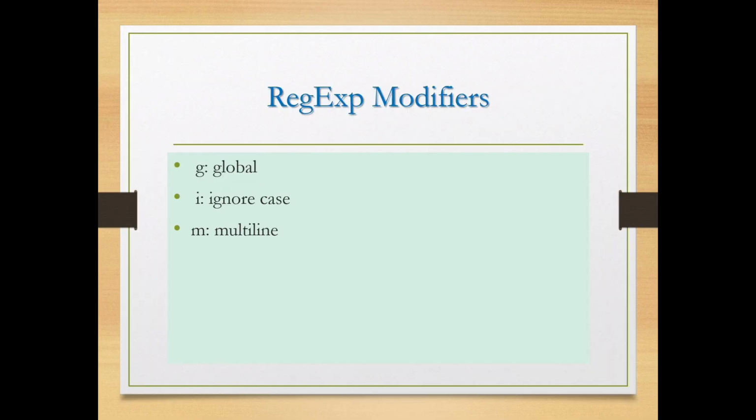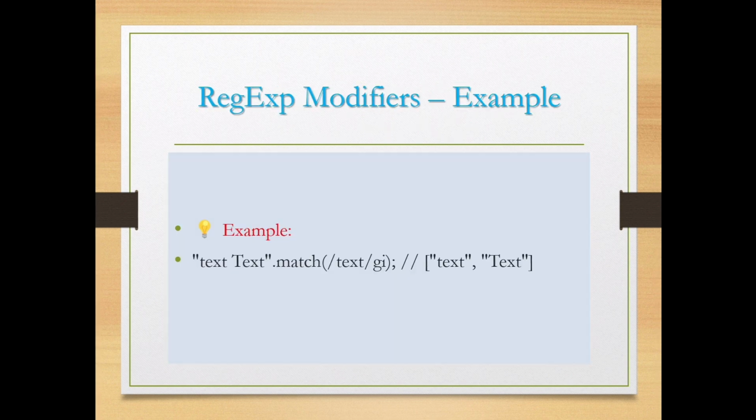Next, here are the modifiers of regular expression. These three modifiers are in JavaScript regular expressions. First one is global, next ignore case, and next one is multi-line. Next we will see one simple example for this. There I am taking two values, text and Text, dot match of.